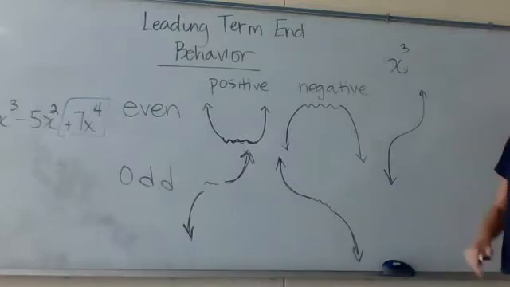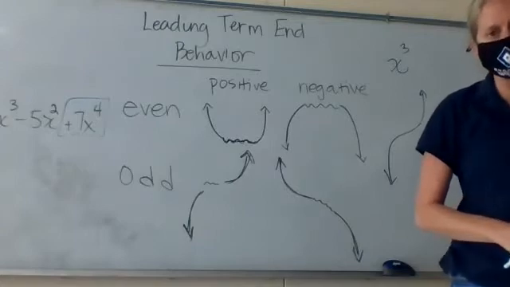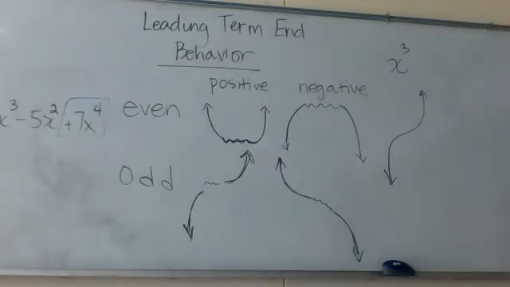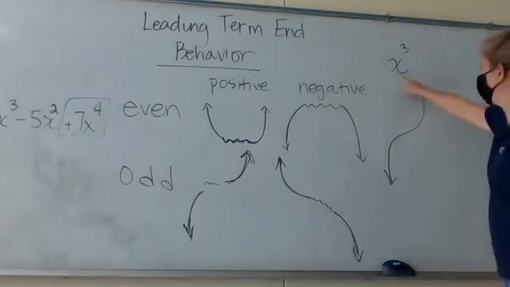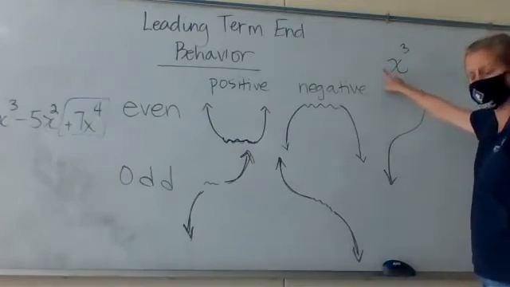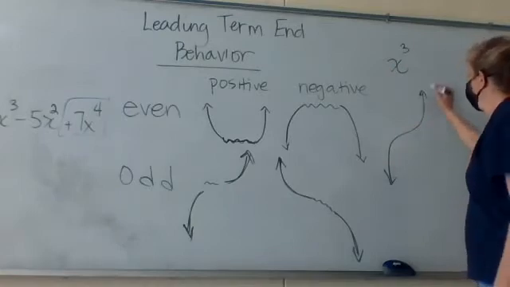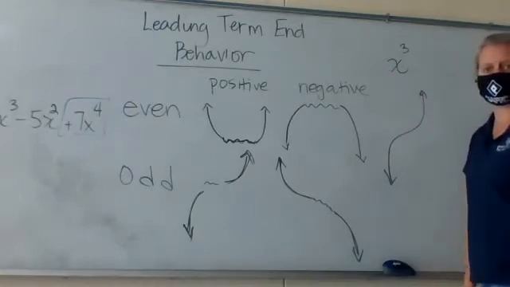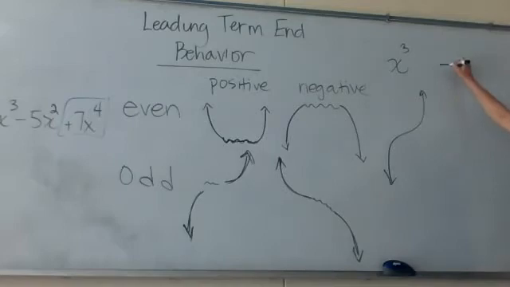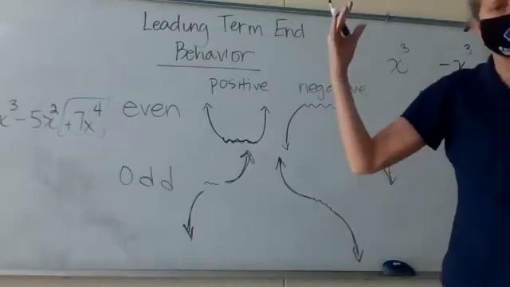An odd exponent means your end behavior is not the same. You are going to have one up and one down. If it's a positive term, you're going to start low and go up. Now the negative x cubed graph flipped it upside down, right?